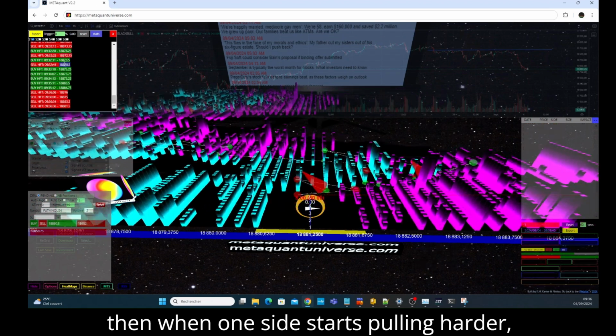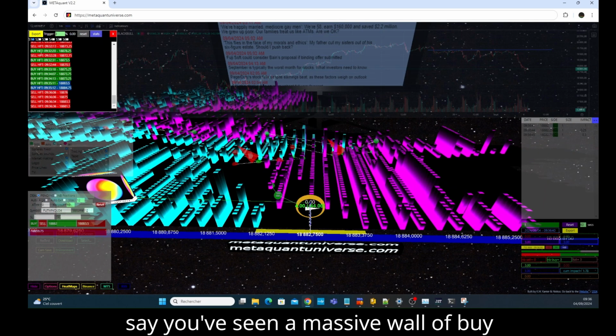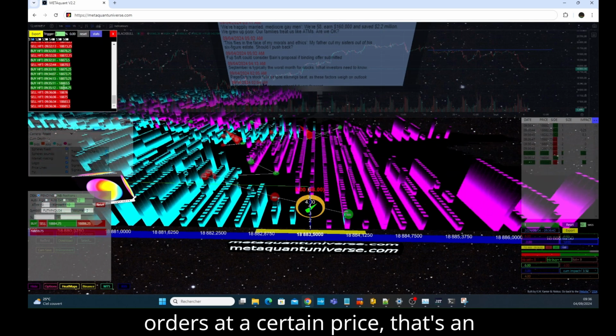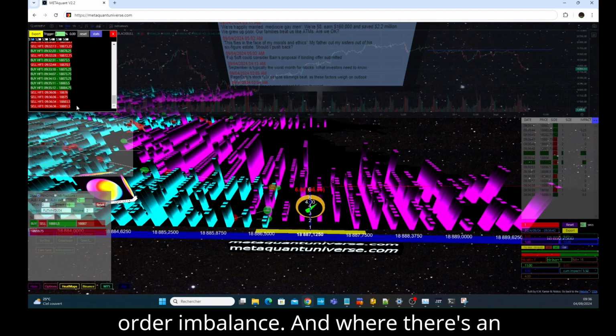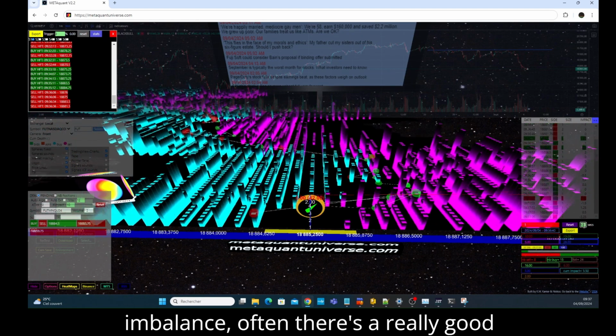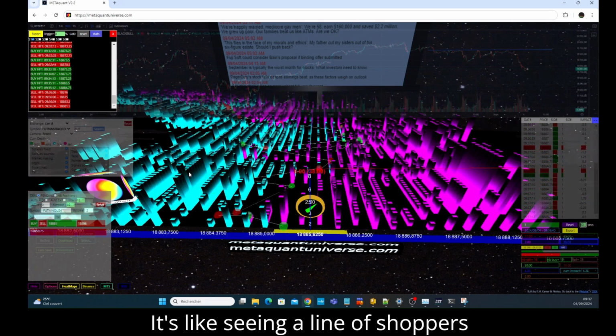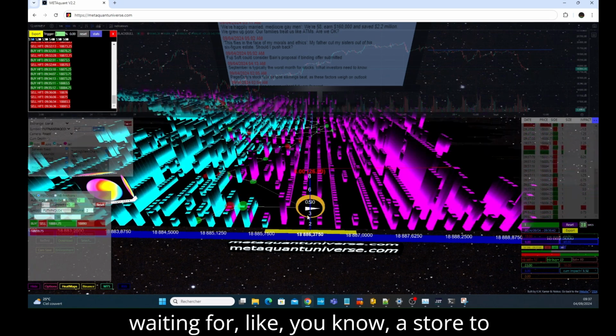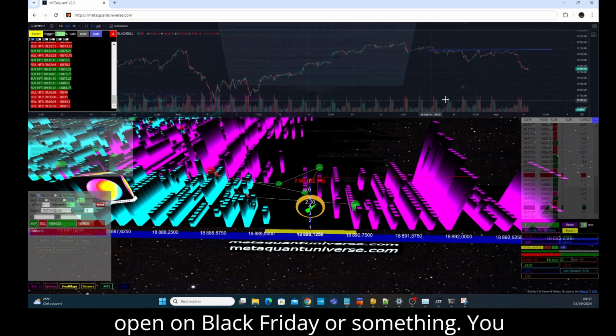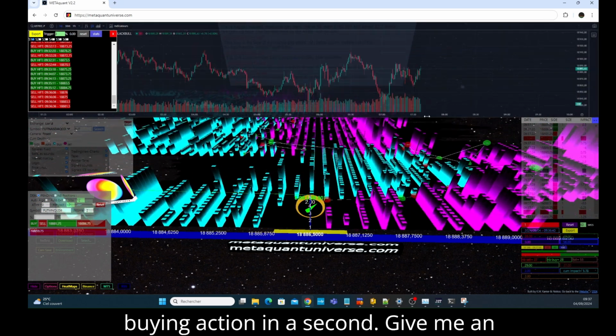But when one side starts pulling harder, say you see a massive wall of buy orders at a certain price, that's an order imbalance. And where there's an imbalance, often there's a really good opportunity for a savvy scalper. It's like seeing a line of shoppers waiting for a store to open on Black Friday. There's going to be some serious buying action in a second.